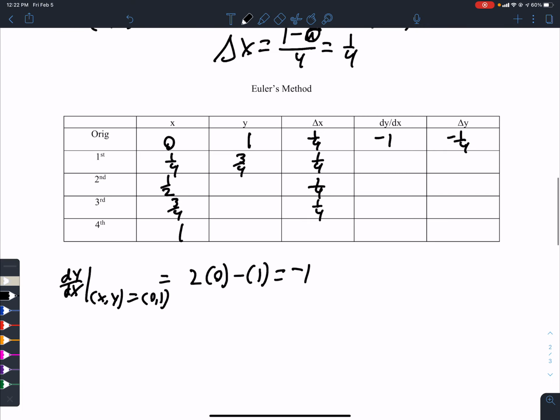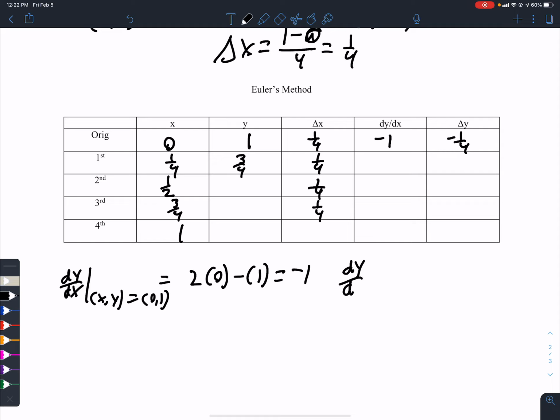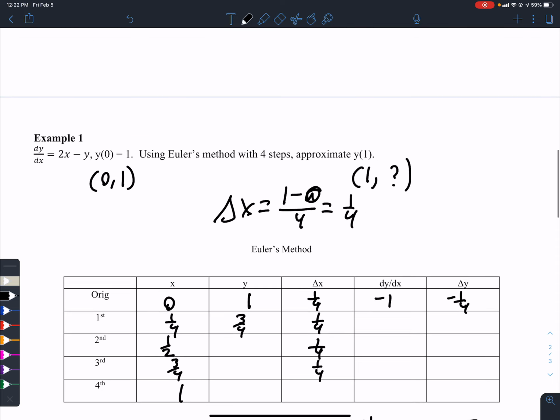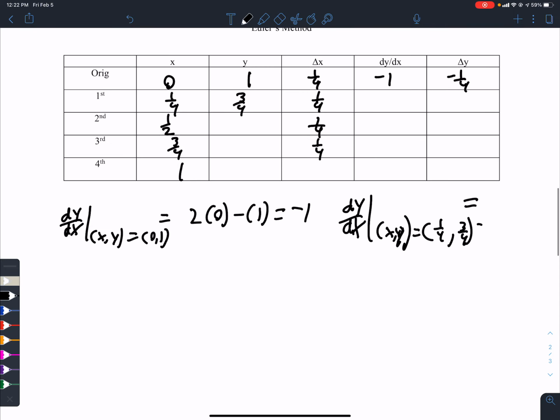Now we go through this process again. I need to find the derivative at our new point, x, y equals 1/4, 3/4. The same formula, 2x minus y. So 2 times 1/4 minus 3/4, which will get us 1/2.